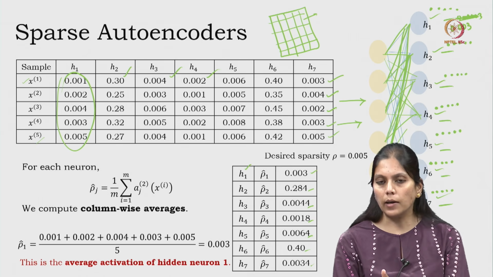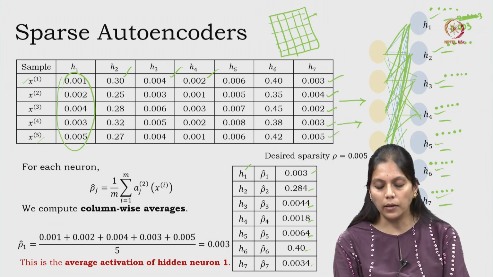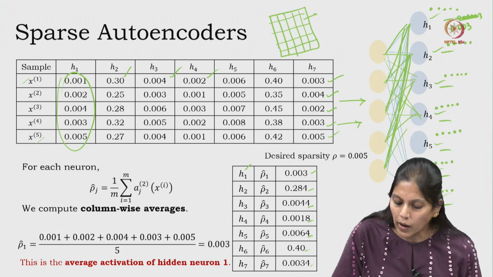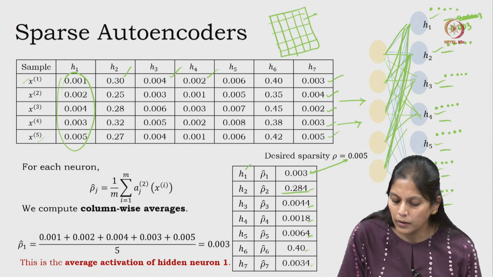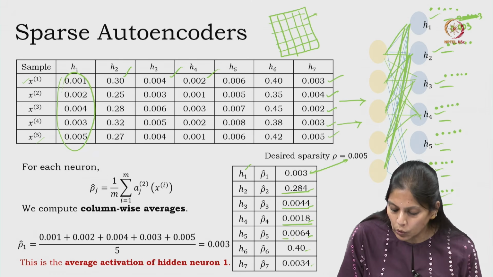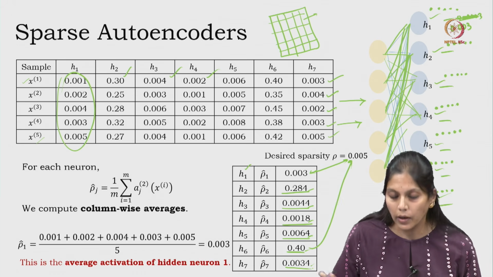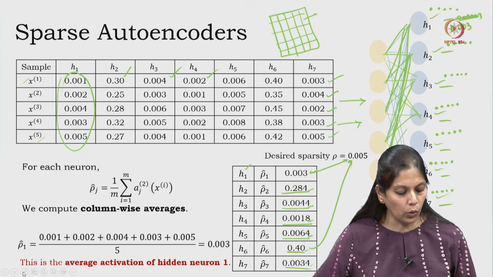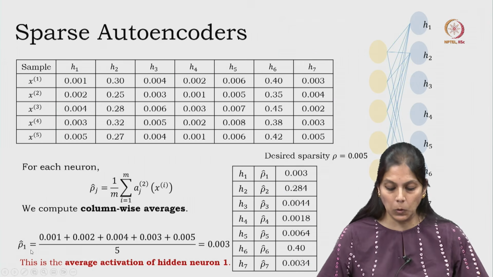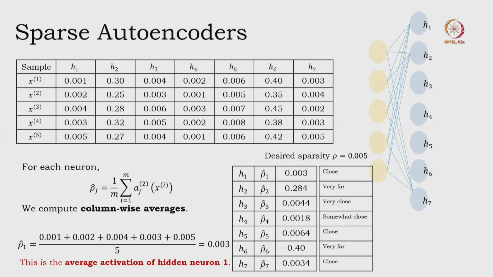Just by looking at this with the human eye, is it not that this value is very close to this value? This is very far, close, close, close. This is very far compared to this value, and this is very close. So what have we calculated?